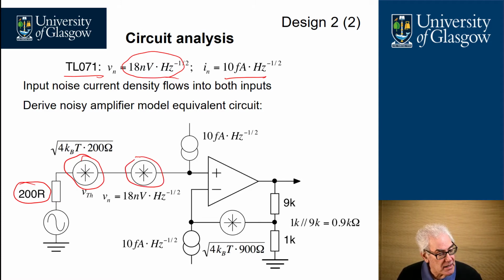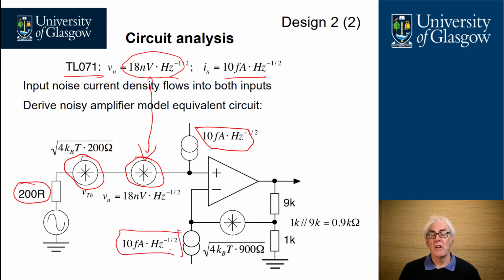We have 18 nanovolts per root hertz, which is coming from the datasheet, and we have two noise currents, one connected to either input, of 10 femtoamps per root hertz. And finally we have an equivalent noise generator in series with the non-inverting input node, which is equivalent to the 9K and 1K resistor in parallel because of superposition theorem.